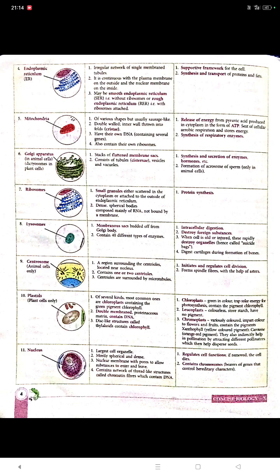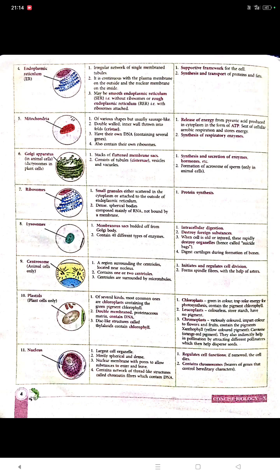Plastids, plant cells only. They are present in the plant cells only. Plastids are of several kinds; the most common ones are chloroplasts, containing the green pigment chlorophyll.